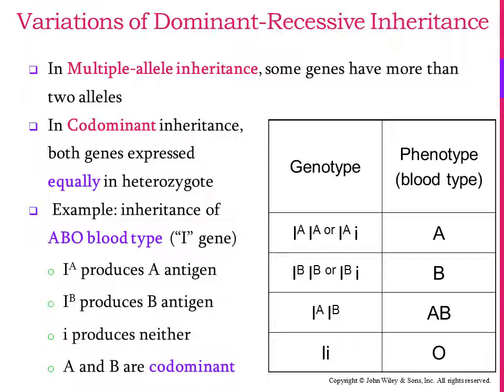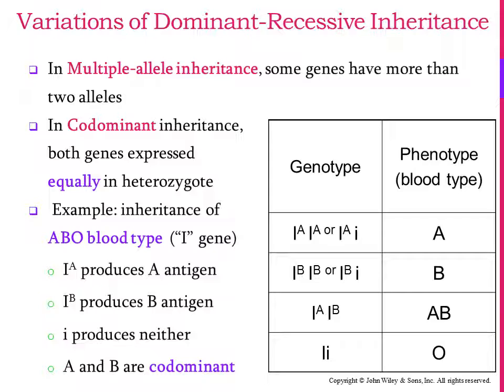Now the third allele in this multiple inheritance pattern is the I allele, or the I gene. This form results in the production of no surface proteins or no surface antigens. So the individual that is heterozygous, for example, AI, will only express the A form.